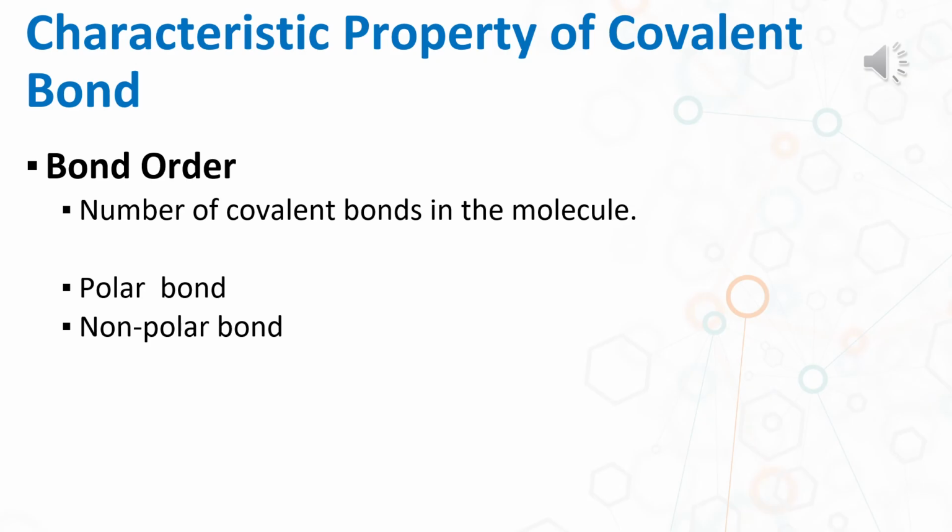And for the nonpolar bond, electrons are shared equally. Well, for the polar bonds, electrons are shared unequally. Okay? So, for example, you have hydrogen bonded with hydrogen. Therefore, it is nonpolar because they are the same elements that share the same electrons.